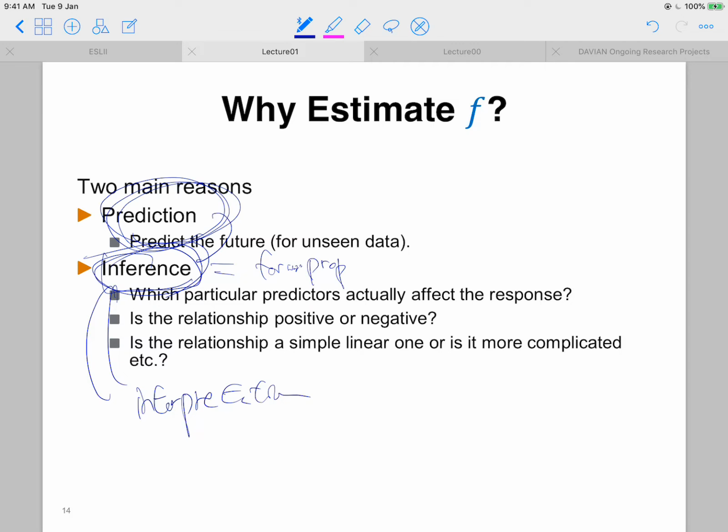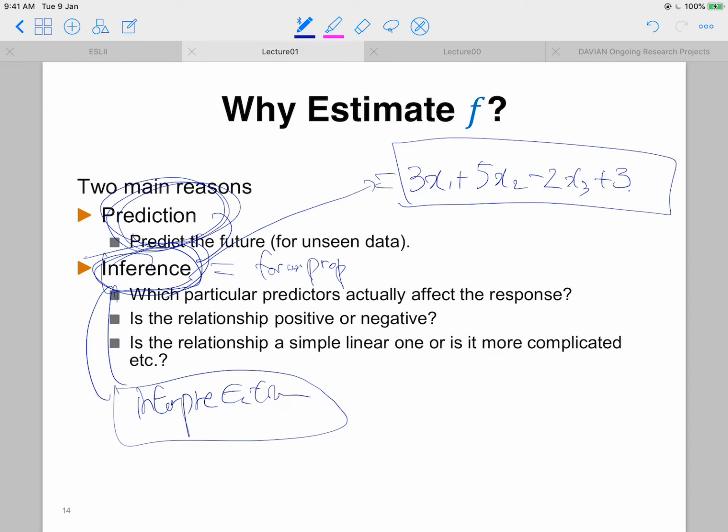So how do we perform this inference or interpretation? If we use the linear model, and our linear regression coefficients are learned in this manner, we can easily see that the most influential variable is x2, and next to it, x1 and x3.